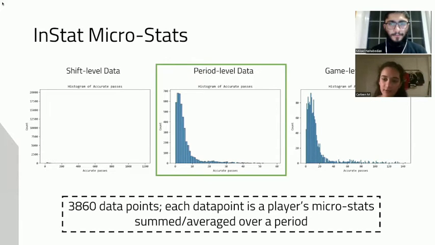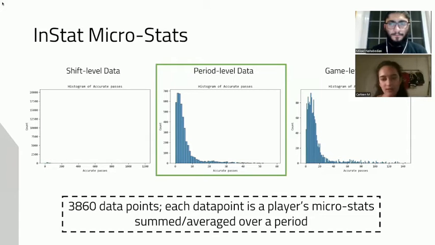We had shift level data, so stuff like accurate passes normalized for each player shift according to their time on ice; period level data, which is how many accurate passes a player has in a period, normalized again to time on ice; and then the same for game level data, the number of accurate passes in a game.